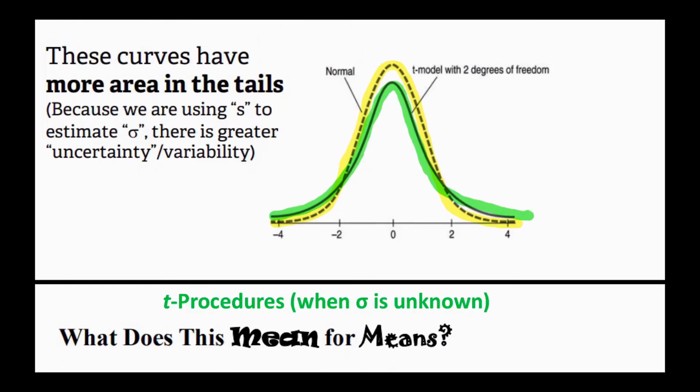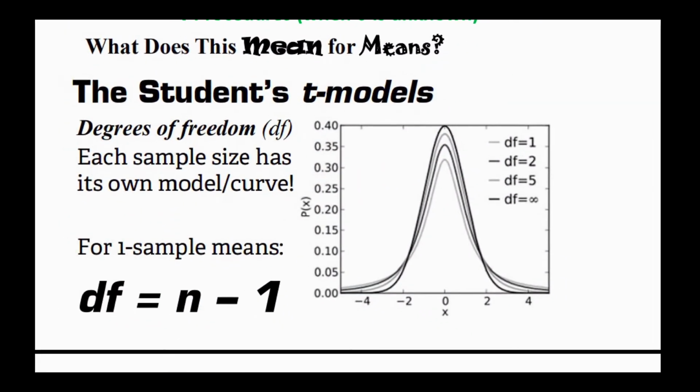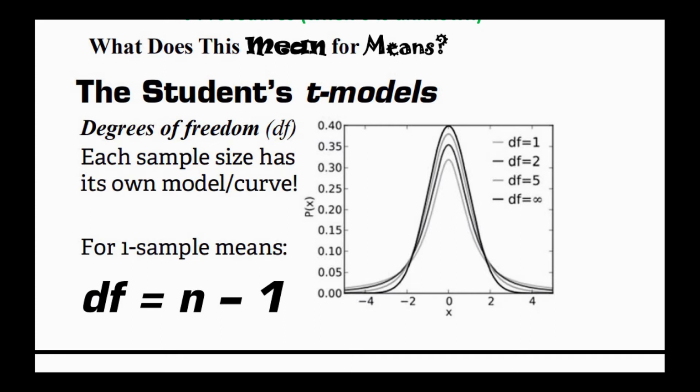Okay, so degrees of freedom. What in the world do degrees of freedom mean? How we calculate degrees of freedom is n minus 1. What is n? What does n represent in words? Sample size, right? So as sample size goes up, so does degrees of freedom.